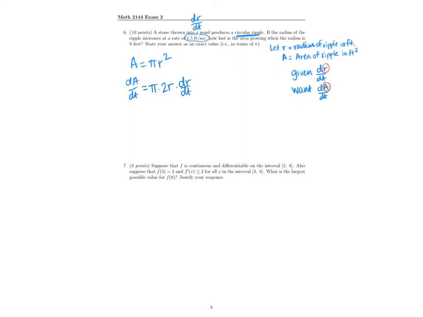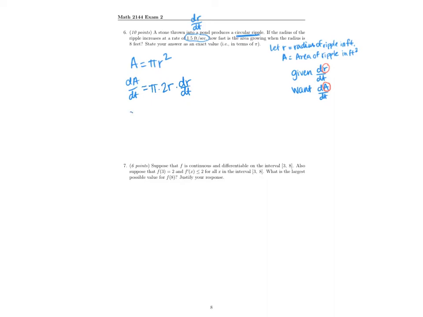I used the chain rule there, because I'm taking the derivative implicitly with respect to t, so r squared is like a chain rule. Now I have a relationship between dA dt and dr dt, and so I can plug in the numbers.